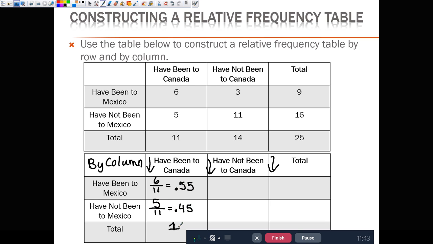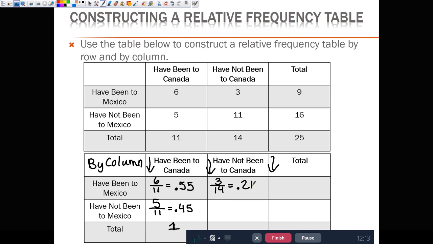Okay, what about my next column? What is my ratio for the first ratio of the next column? 3 over 14. And what is that as a decimal? So 0.21.